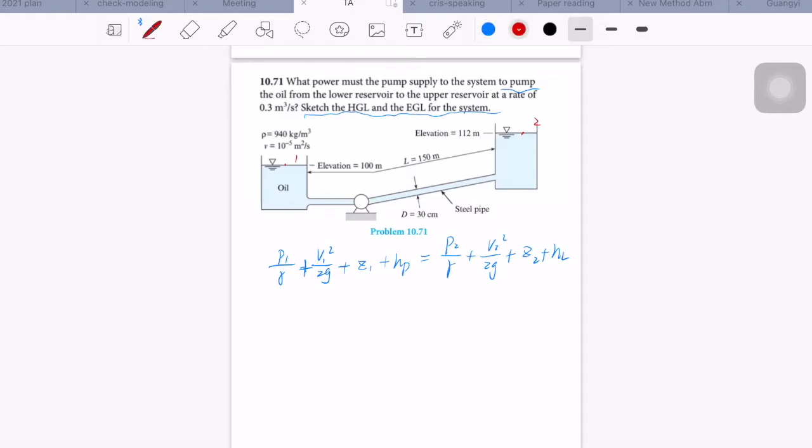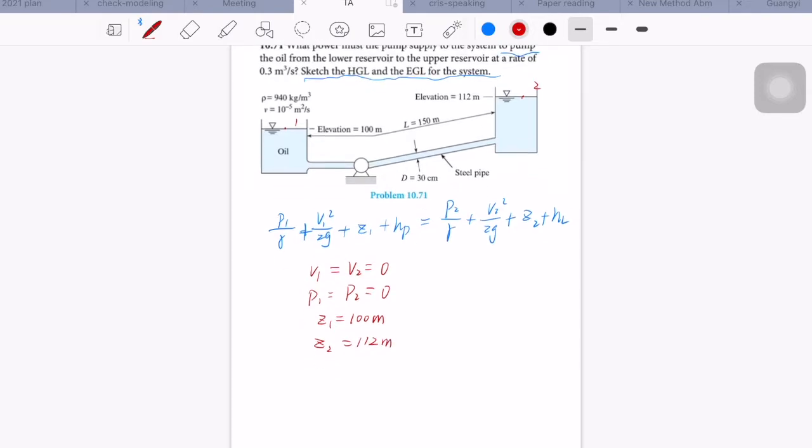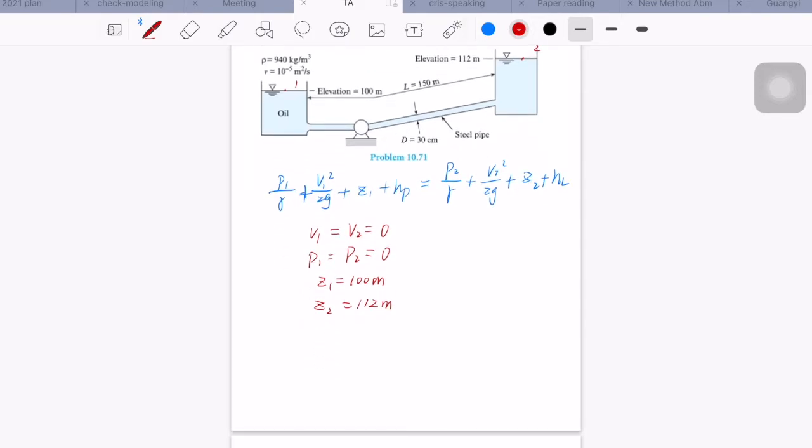We know V1 equals V2 equals 0, P1 equals P2 equals 0, Z1 is 100 meters, Z2 is 112 meters, and the total head loss in this problem should include the pipe head loss and the minor head loss.